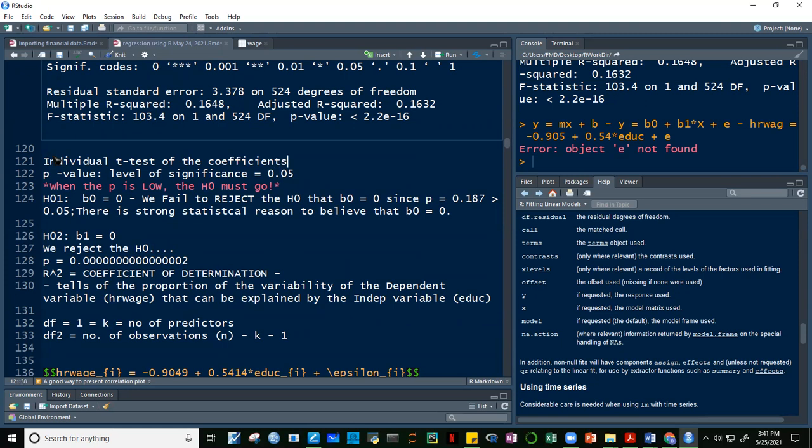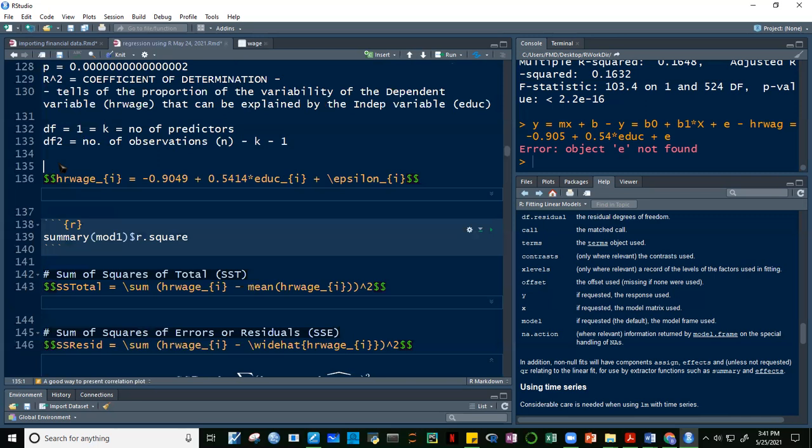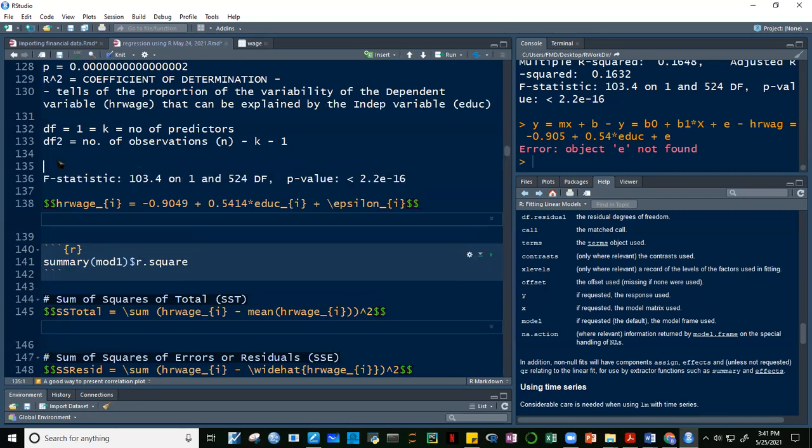No? Okay, so that's your individual T-test. Tapos meron naman tayong isa pang test, ito. So dito sa model natin, dito sa output natin, dalawang test. No? Ito, we call this the overall goodness of fit test.